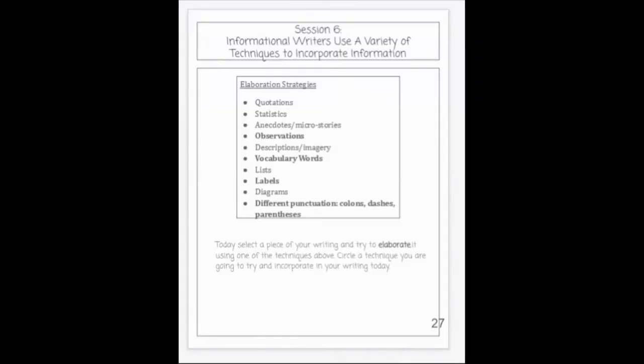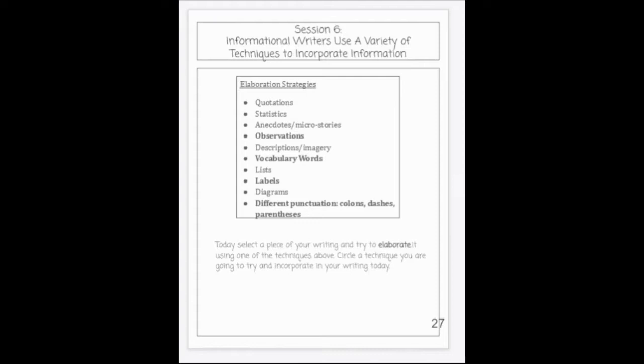So go ahead and in your writer's notebook in session 6, you're going to see again that same list of elaboration strategies. Today, you're going to elaborate your chapter. So go ahead and circle a technique you want to try and incorporate in your writing today.